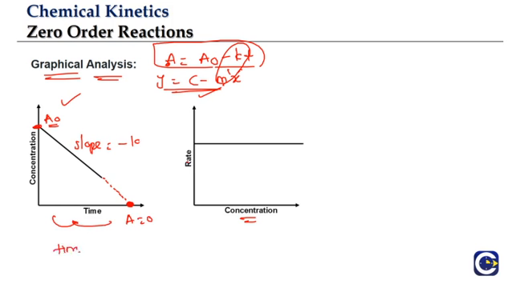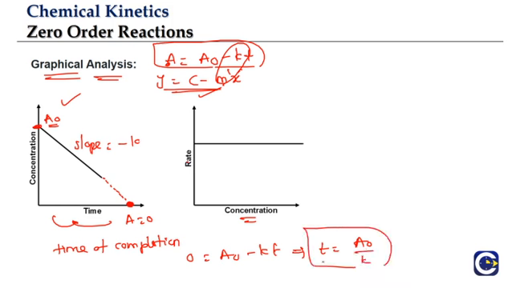So time of completion is basically the time it takes for the entire amount of reactant to be consumed. Means in this particular formula we are going to keep A equal to 0, means A naught minus k into t. So on rearranging we'll have t will be equal to A naught by k. So this is what we will be calling as the time of completion. So by the time the entire reactant would have got consumed.